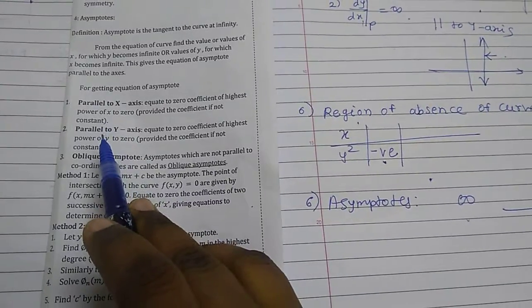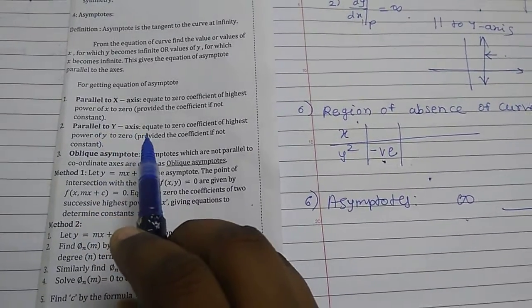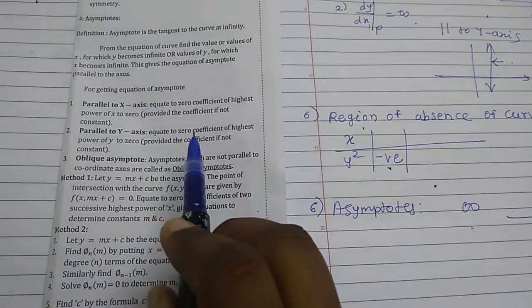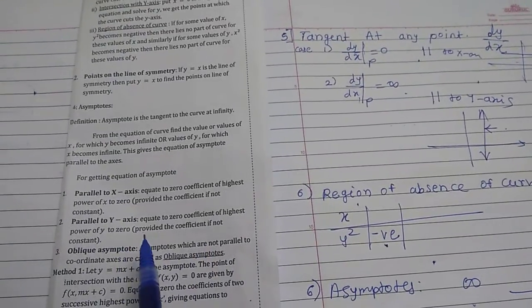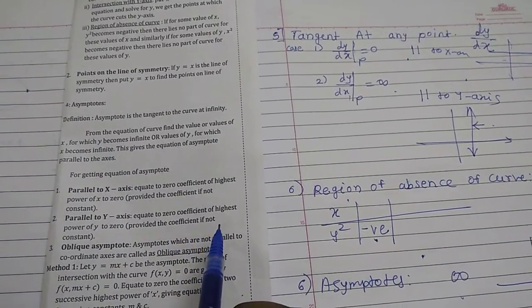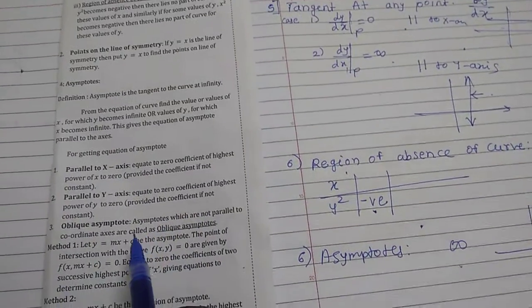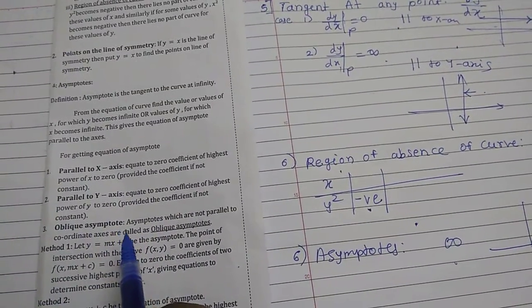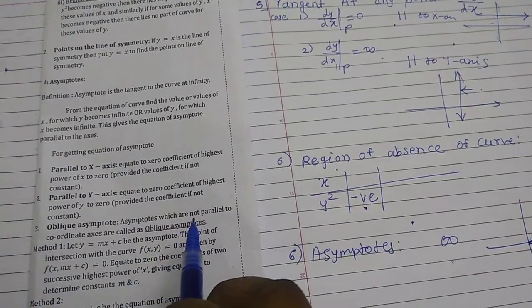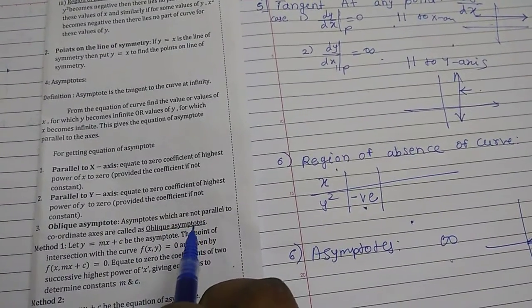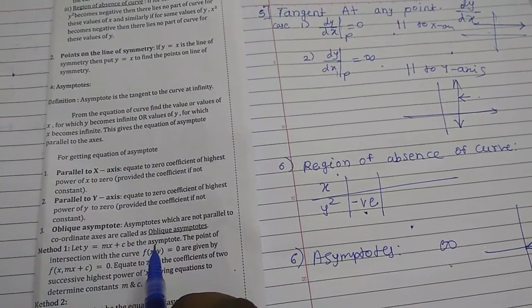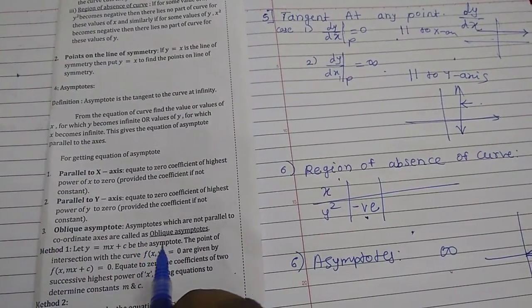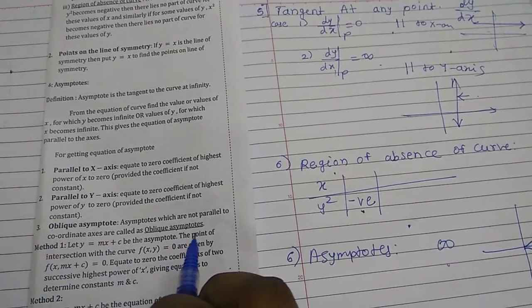Similarly, to find asymptote parallel to y-axis, equate the coefficient of highest power of y to 0, provided the coefficient is not constant. And last, oblique asymptote: asymptote which is not parallel to x-axis as well as y-axis is called oblique asymptote.